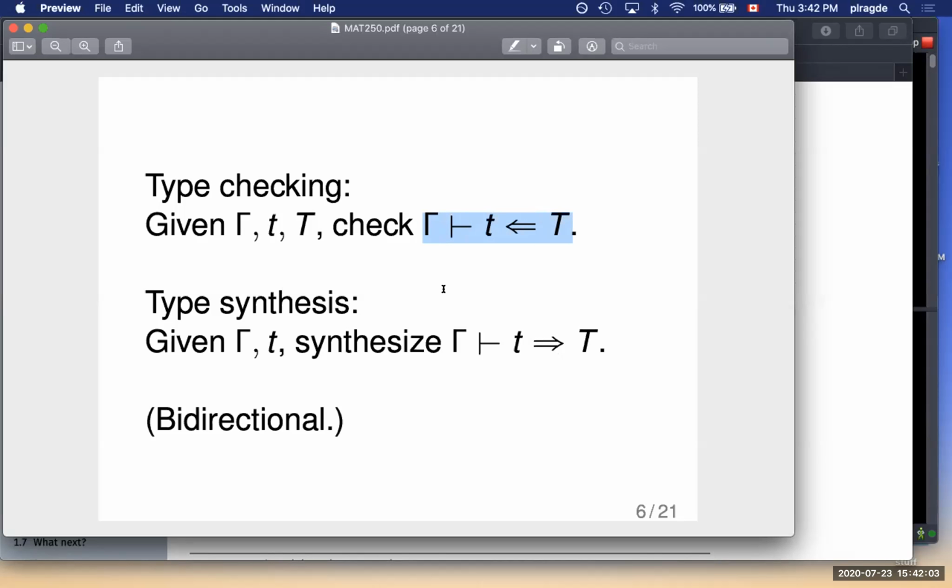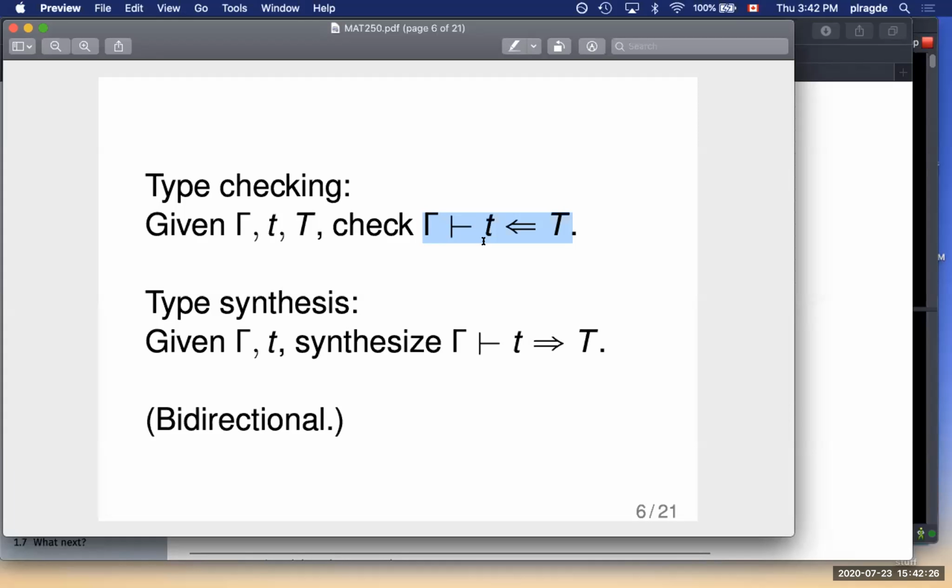What is the relationship? It says, well, given the assumptions in gamma, we can prove that capital T holds. We have a proof of it. And that is encoded by the term little t.